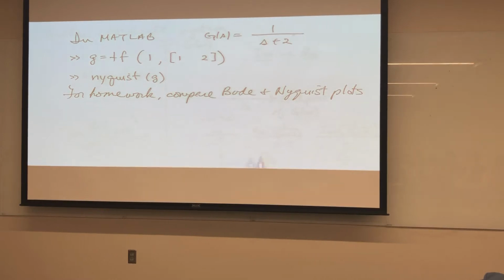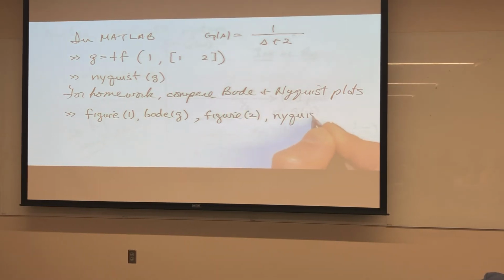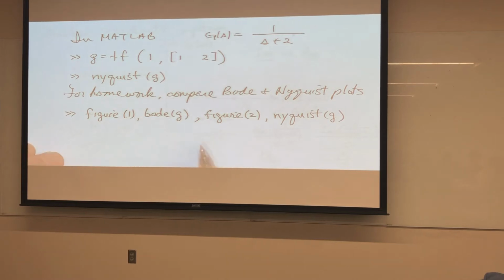You might say figure 1, Bode G, and then put another comma, and then in figure 2, do Nyquist G.